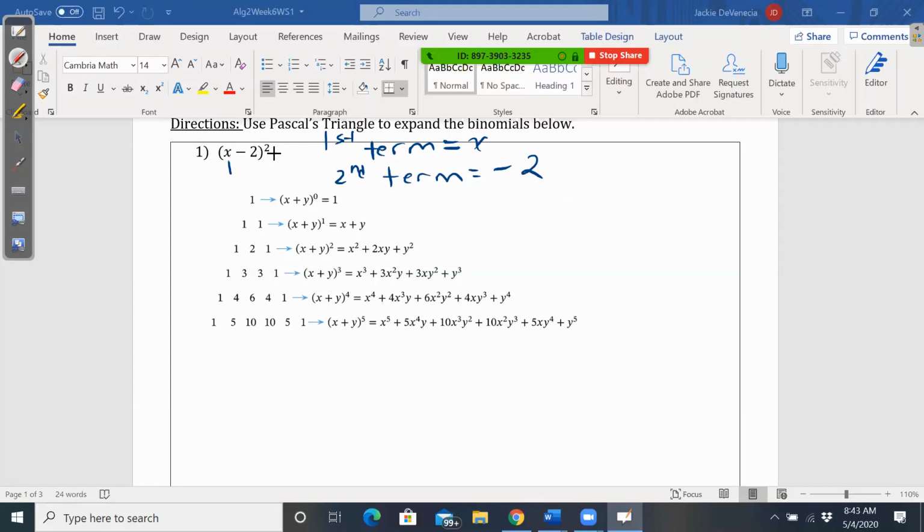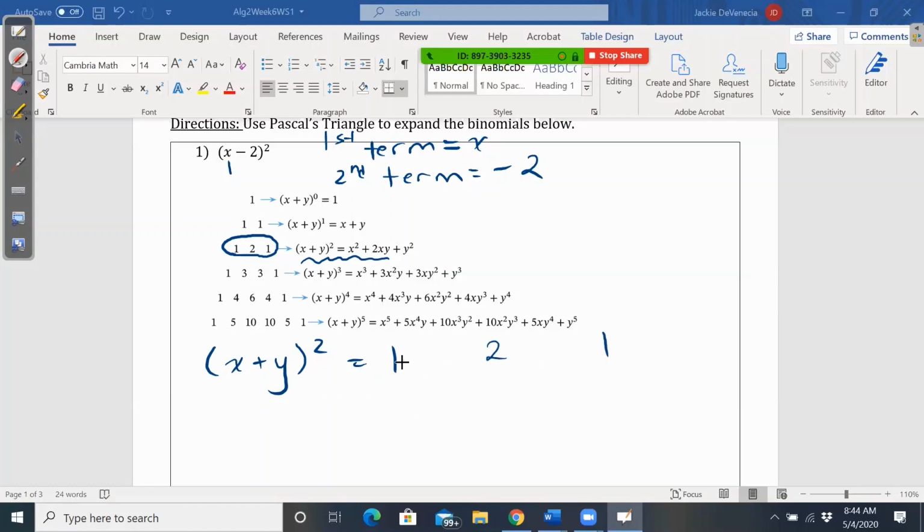So here, I'm taking it to the second power, right? So what's going to happen is, this is my Pascal triangle, and here is the form it's going to take. So if I was going to make this up on my own, I'm going to put in my coefficients.